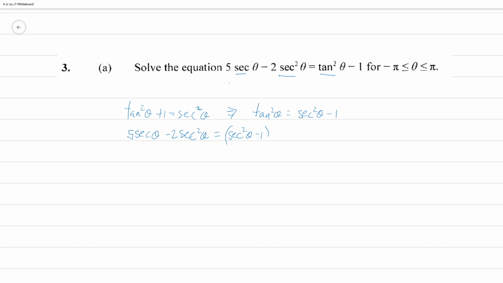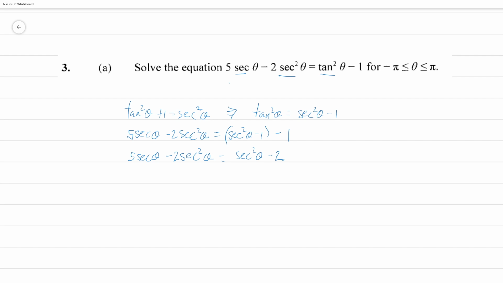If you want, I could put that in brackets, and then I have minus 1. So this would be 5 sec theta minus 2 sec squared theta is equal to sec squared theta minus 2.